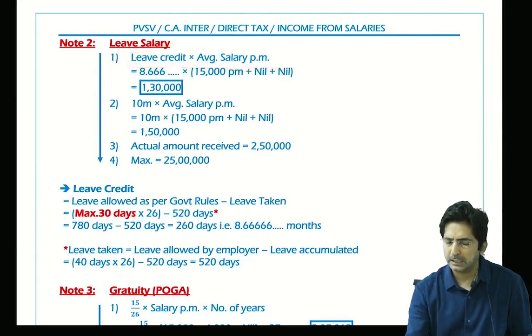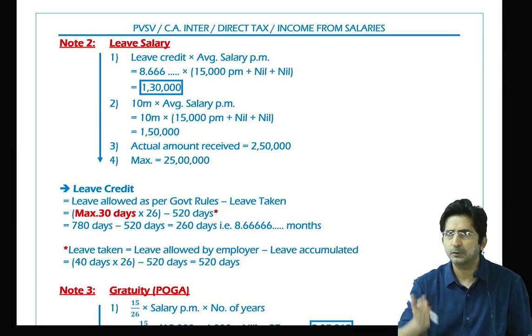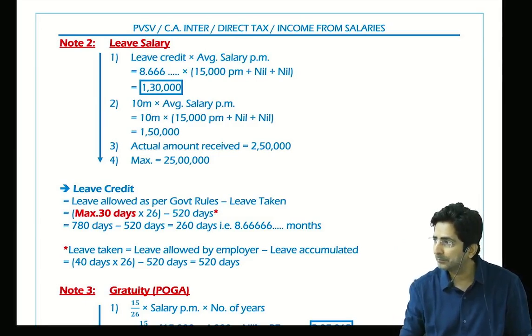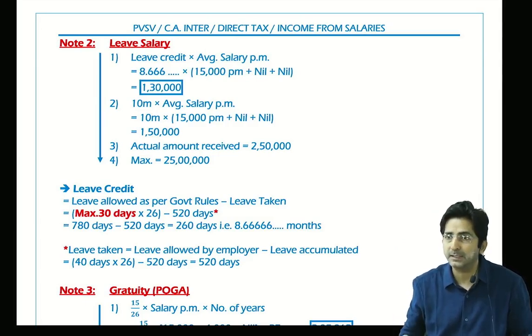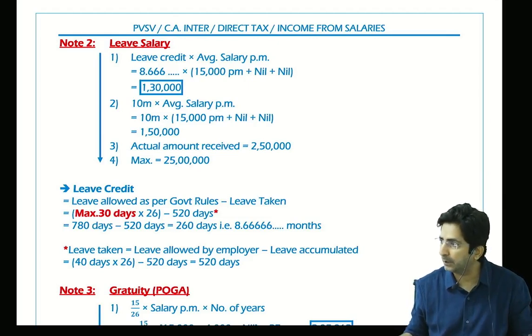And here the average salary was simple. There was basic salary which was constantly 15,000. Imagine constantly 15,000 you are getting. So if you add up for 10 months and divide by 10, you will get the same. See, the importance of average comes when your salary changes. Here your salary was constant, 15,000, so it will be 15,000.